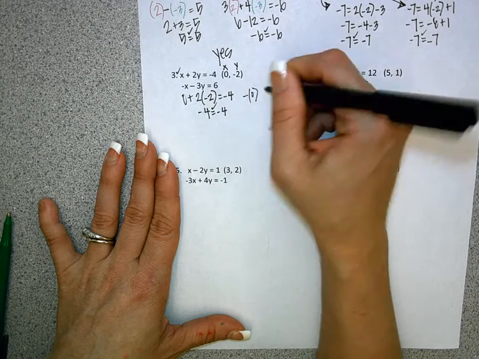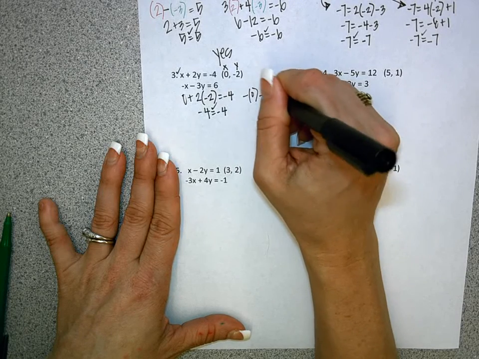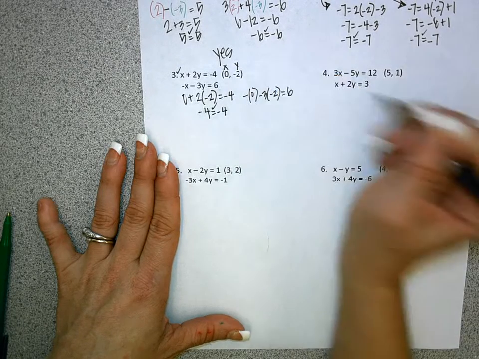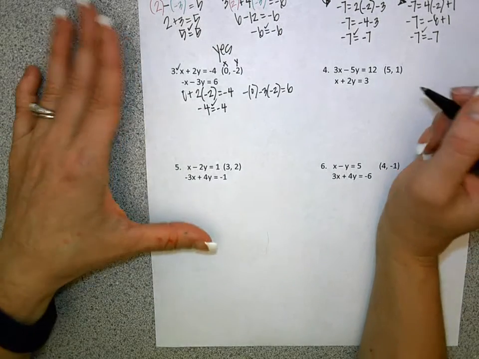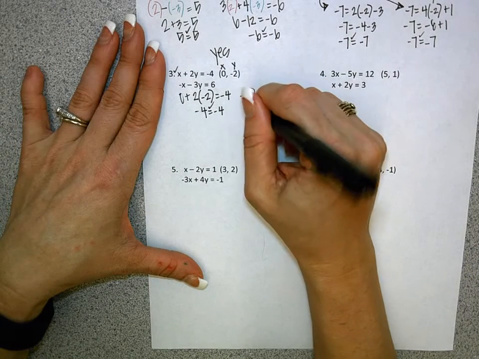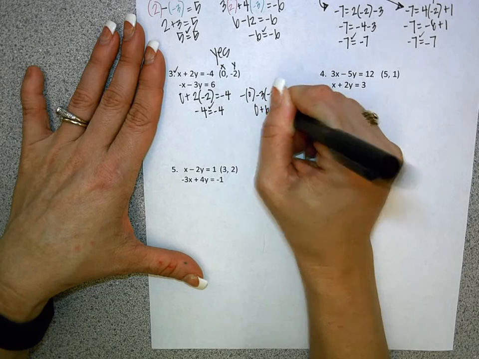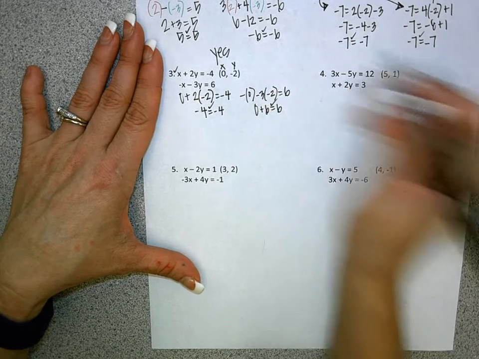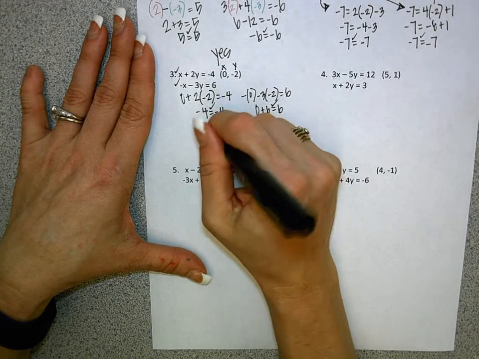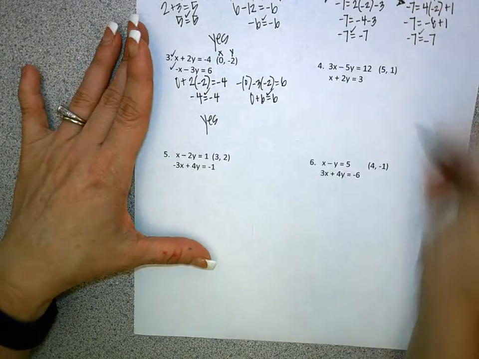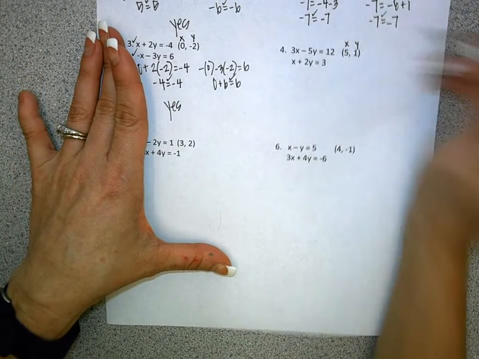Negative 0 minus 3 times negative 2 equals 6. What's negative 0? Still just 0. Is 0 plus 6 equal to 6? Yes, it is. That one works. So is this a solution? Yes. Okay. Keep trying, x and y.